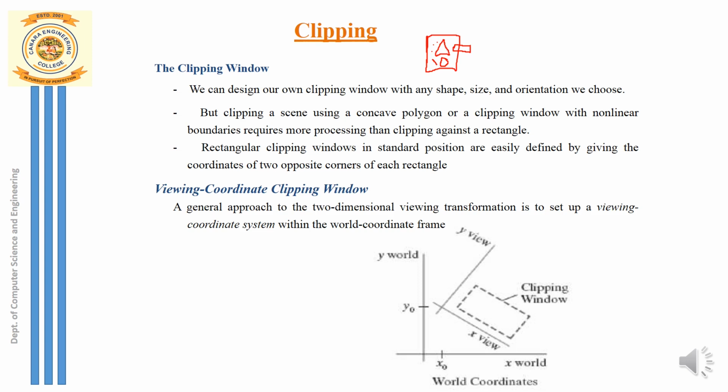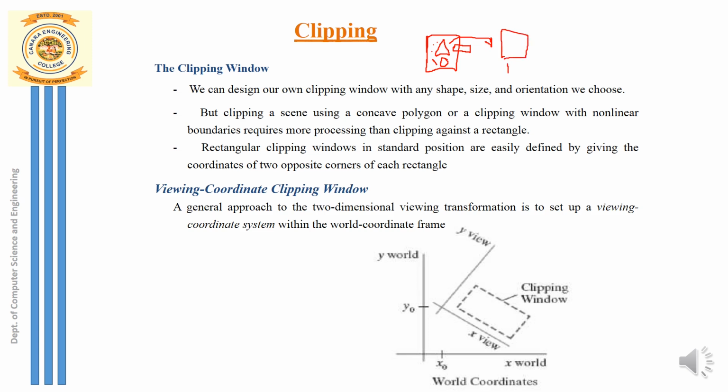So now what is clipping over here? All the objects or shapes that fall within the boundary of this rectangle, I'm going to finally generate the image of that, or map that onto my display window. Suppose I take this as my display window.